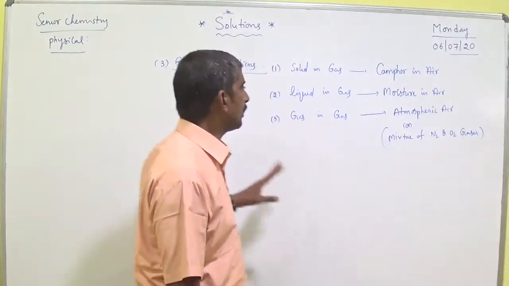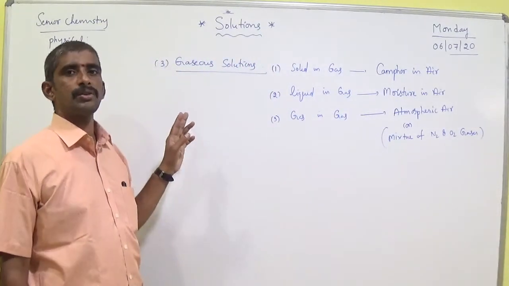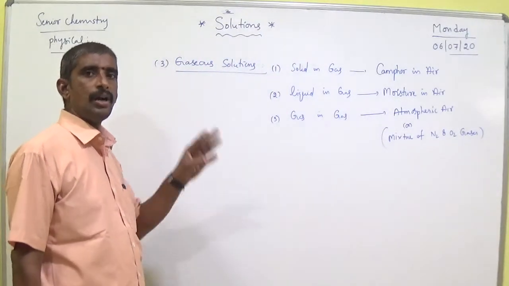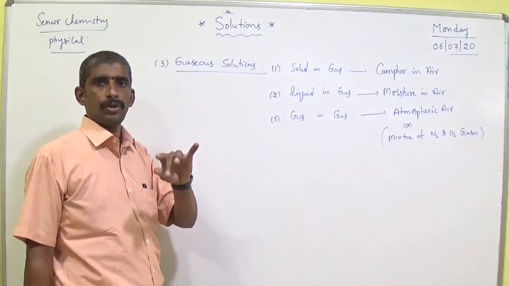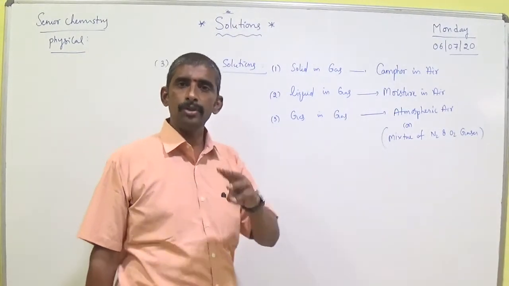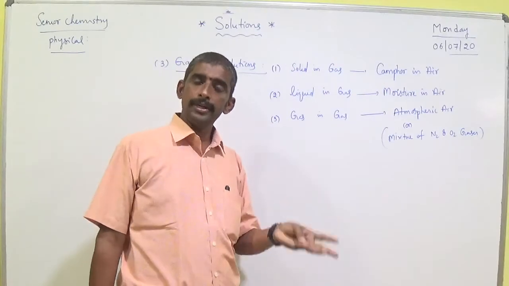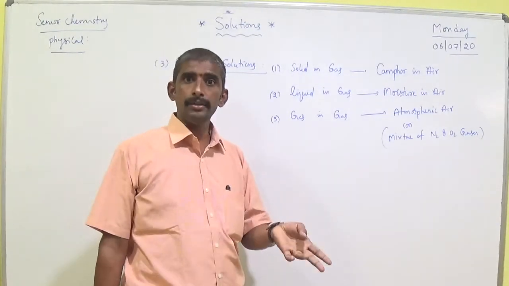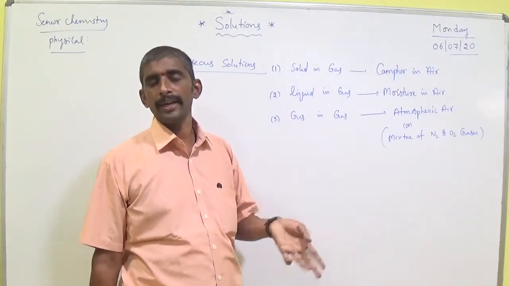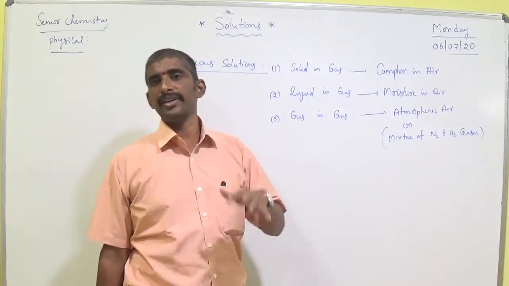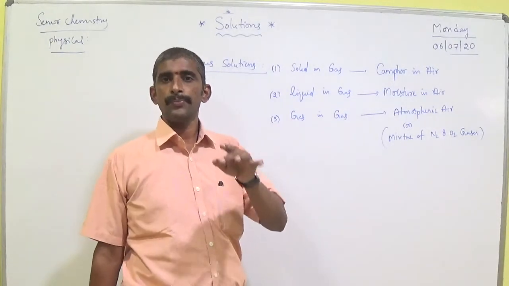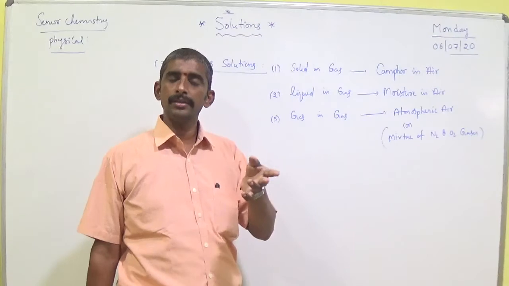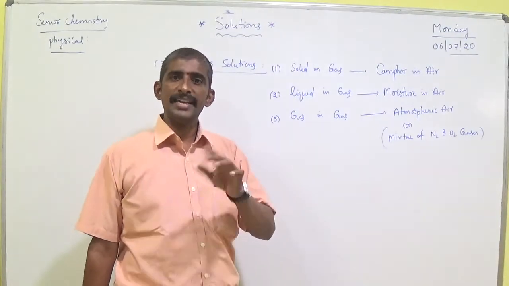So these are the classification of solutions by physical state: solid, liquid and gaseous solutions. Solid solutions are further divided into three types: solid in solid, liquid in solid, gas in solid. Liquid solutions are classified into three types: solid in liquid, liquid in liquid, gas in liquid.